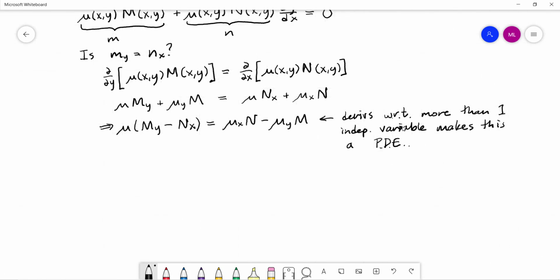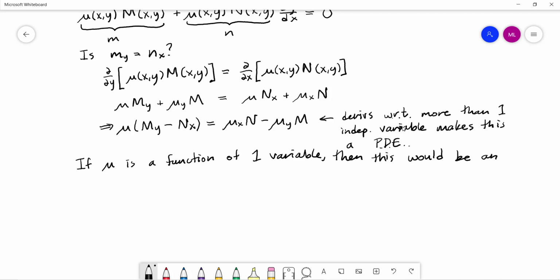So here's an if, a big if. If we can write mu as a function of one variable, then this would be an ODE that we could solve. So basically, we're using differential equations to get the factor that we need to solve the differential equation.